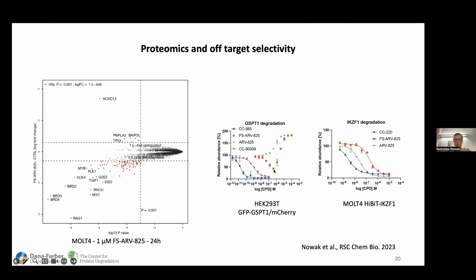We see some degradation of GSPT1 with the fluorosulfate PROTAC, but these concentrations typically don't correspond to very strong degradation in the native cell line. We also looked at the HiBiT-IKZF1 assay, and we see that while ARV-825 is able to actually degrade IKZF1, it's substantially reduced in the fluorosulfate ARV-825 setting.